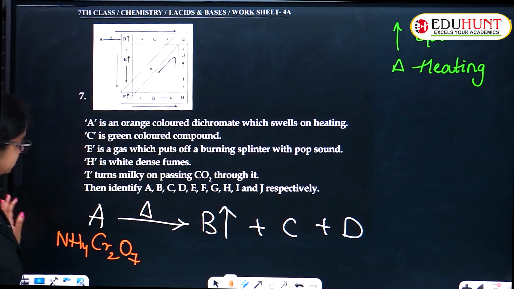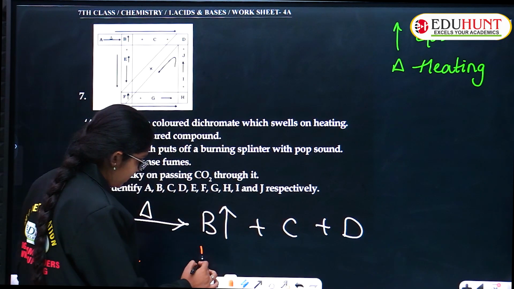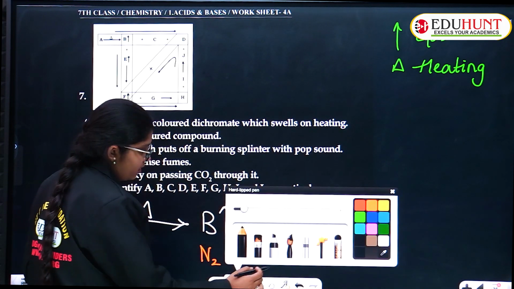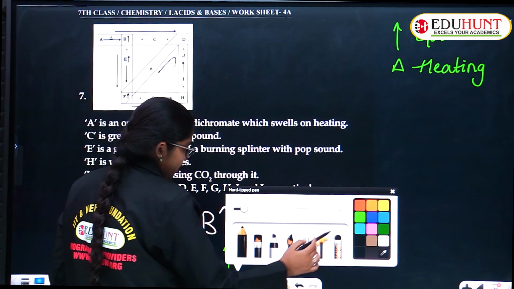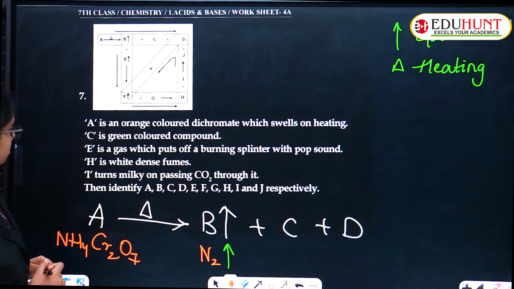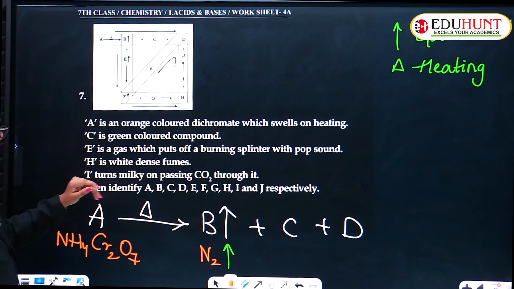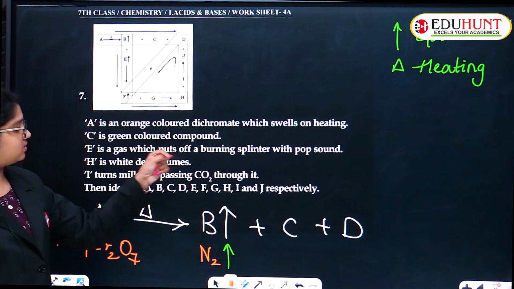Upon heating this gives rise to a gas such as nitrogen gas, N2, with an upward arrow mark since it is gaseous, and also we have C. C is a green colored compound.